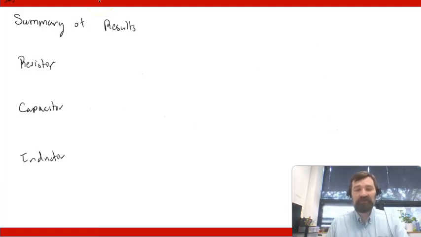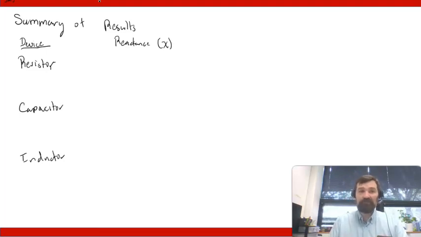We can summarize our results by way of a table. Essentially, what we would have is the device type, so resistor, capacitor, inductor. We could have the reactance, that is the X term, or capital X if you'd prefer. And then we have the phase shift, which is your phi naught term.